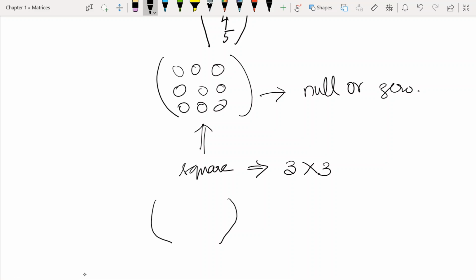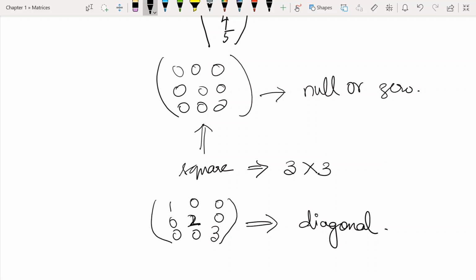Now in this diagonal I'm going to write 1, 2, 3, and put 0 in all the other places. So this is a square matrix and a diagonal matrix. This is called the diagonal of the matrix, and these are non-zero elements.